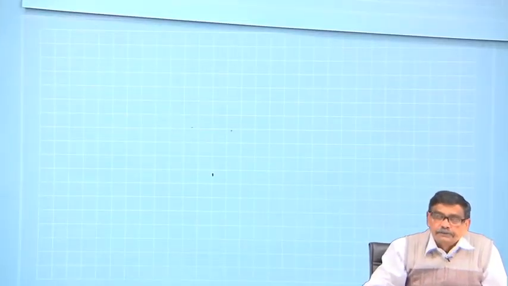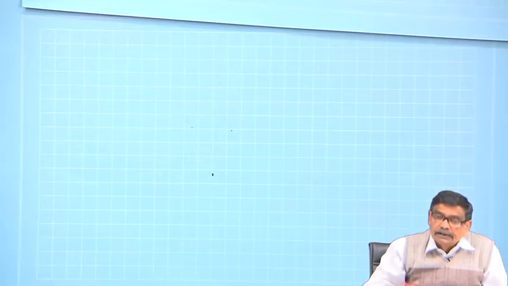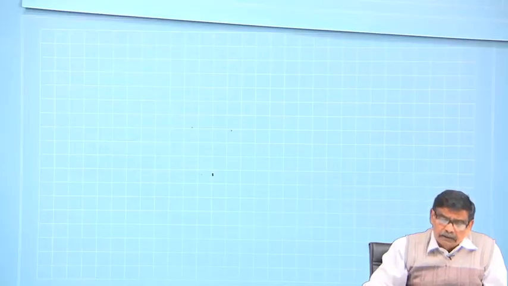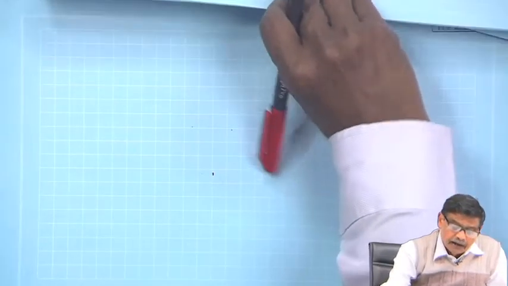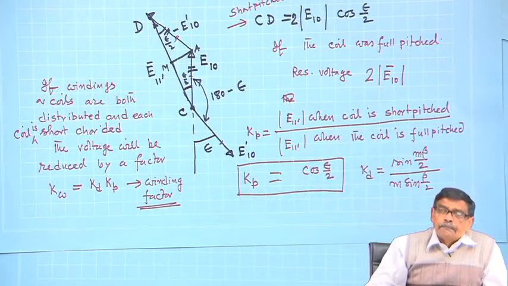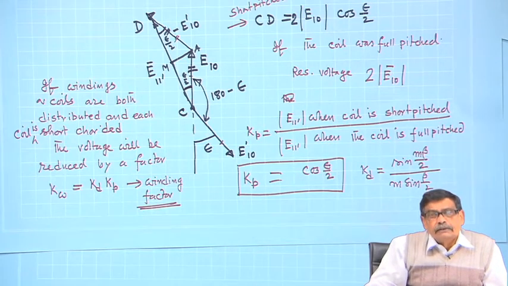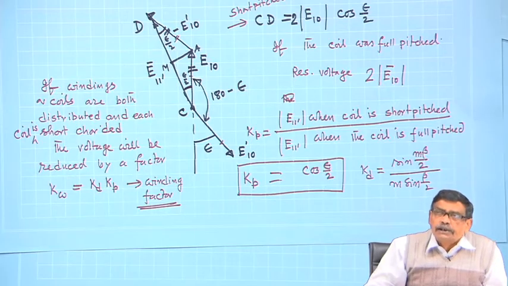Fundamental is first, the next predominant harmonic is third, and then fifth, seventh and so on. Of course, their amplitudes are progressively decreasing. Is it possible then, by selecting a suitable short chording, to eliminate one of the predominant harmonics?